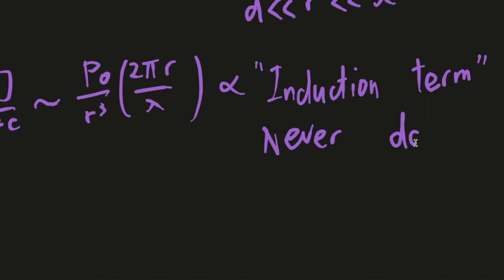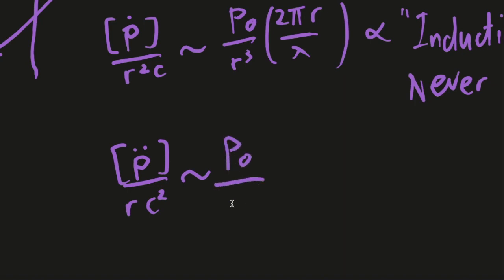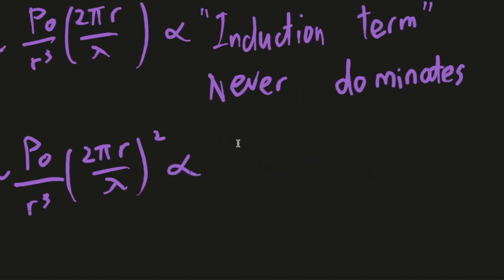And we can see that the last term, because it only depends on one power of r, is going to dominate when r gets large. The last term, which is over rc squared, goes as p naught over r cubed times 2 pi r over lambda squared, and is what we call the radiation term.